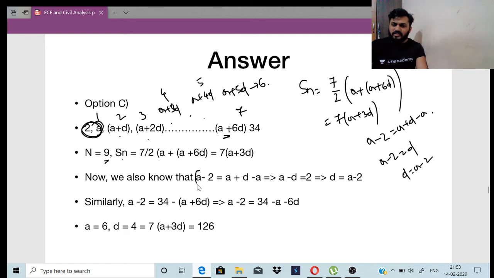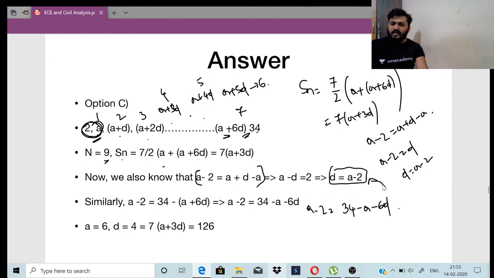Similarly, this was for the first term. Do it for the last term. a minus 2 is equal to 34 minus (a plus 6d), right? The first term is there, the last term is here. So it is a minus 2 is equal to 34 minus a minus 6d. What is the value of d?